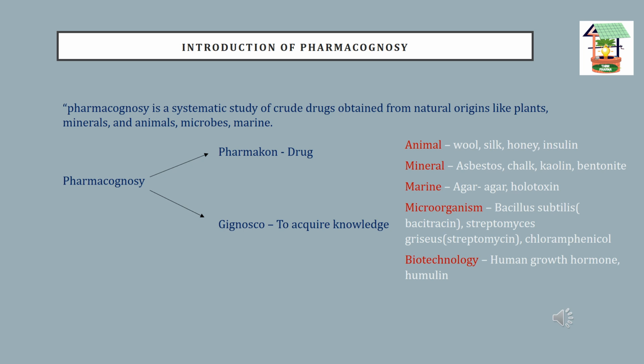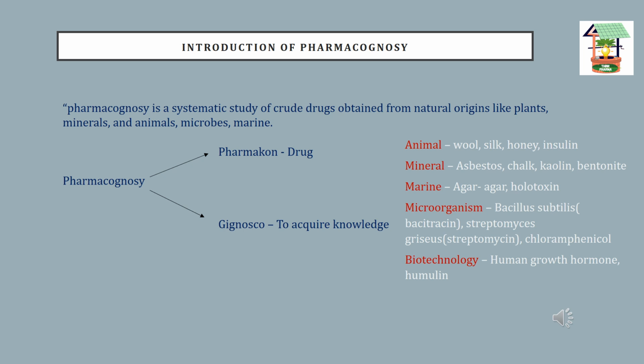The natural sources are different, like plants, minerals, animals, microbes, marine, etc. Pharmacognosy is actually a Greek term. It is divided into two words: pharmacon means the drug, and gignosko means to acquire knowledge.